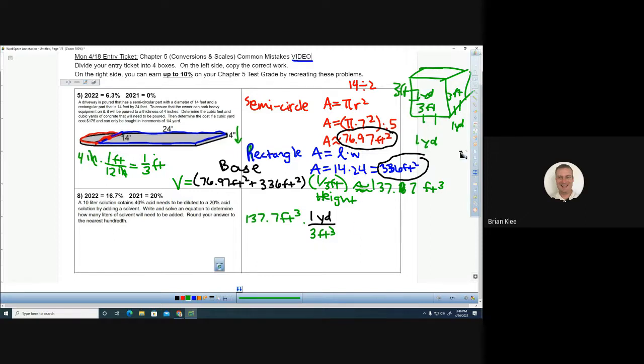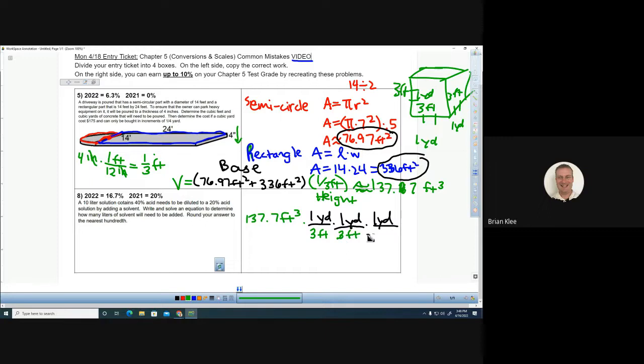So I don't truly have a cubed number there in the typical conversion that we're used to. Really, it would be 3 times 3 times 3. It'd be 27 or 3 to the third power. So how exactly you end up doing this is a little bit up to you. But the bottom line is, to cancel out cubic feet, I need feet to be cubed in the denominator. And to do that, I would ultimately divide by 3 three times.